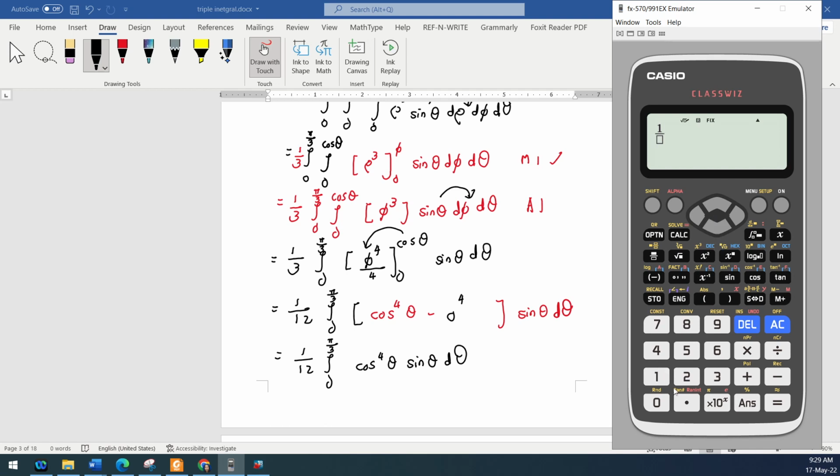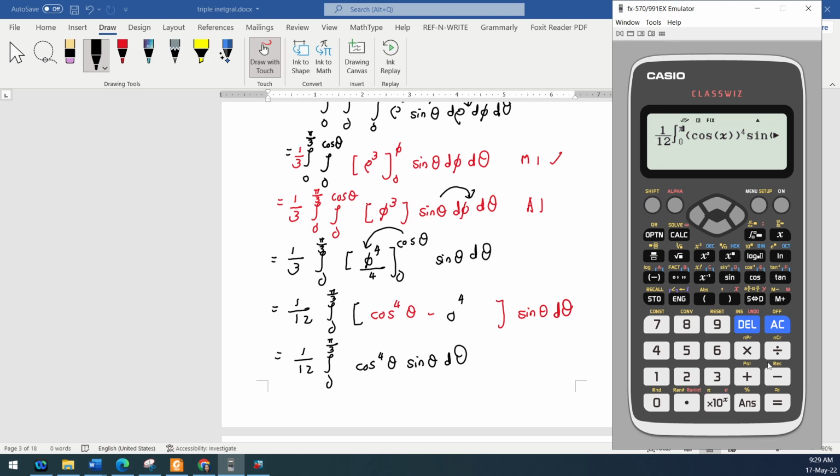Okay, put out again, okay, 1 over 12 integrate. So bracket cos and then power 4 sin alpha x. Okay, from 0 to pi over 3.